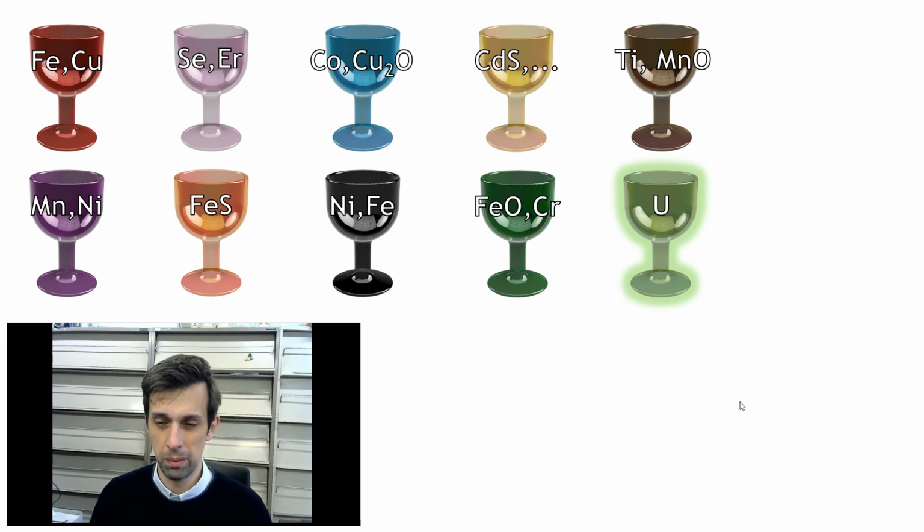They used to be relatively common at the beginning of the last century, and now they are collector's items that you can find in second-hand stores, and there are people going around with UV lights in second-hand stores looking for uranium glasses. To have them at home is not really dangerous because the amount of uranium inside of uranium glass is very low, so the amount of radiation emitted by these glasses is negligible.